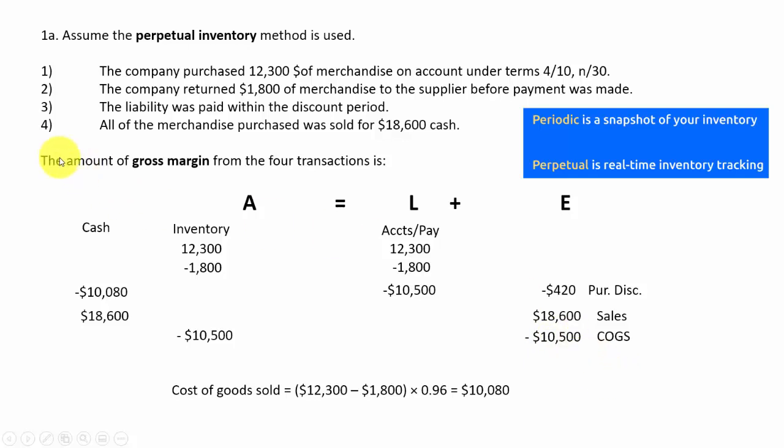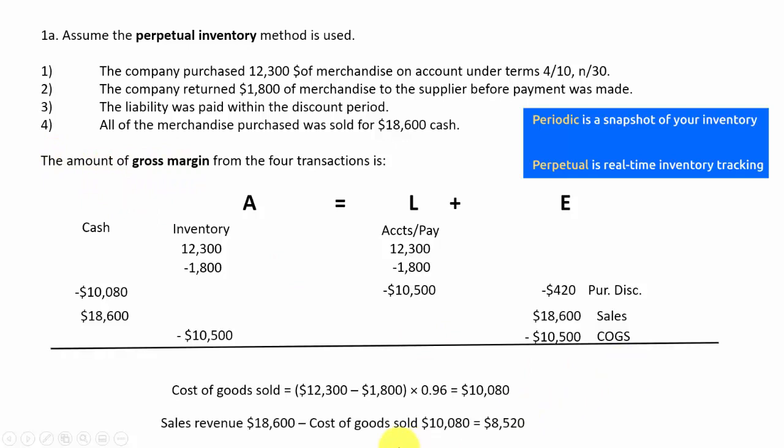So they want to know what is the amount of gross margin. Well, gross margin is going to be sales of $18,600 up here minus the cost of goods sold of $10,080. Now remember, this cost of goods sold is this gross amount minus this purchase discount. So $10,500 minus $420 is going to give us a cost of goods sold of $10,080.